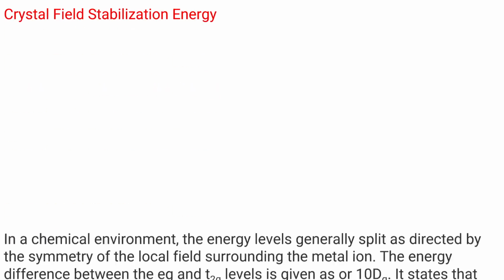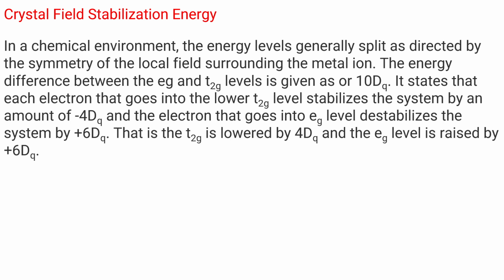Coming to the crystal field stabilization energy, that is delta naught. In the chemical environment, the energy levels generally split as directed by the symmetry of the local field surrounding the metal ion. The energy difference between the Eg and T2g levels is given as this energy difference. We have the splitting over here.